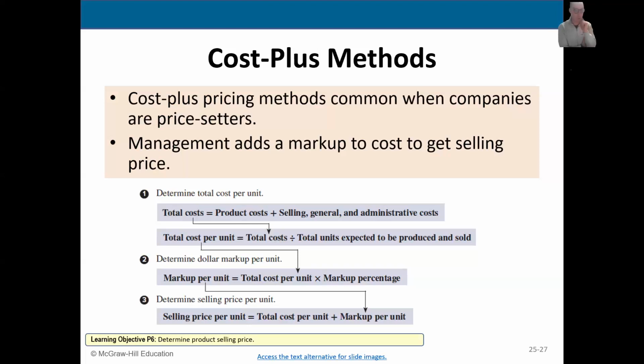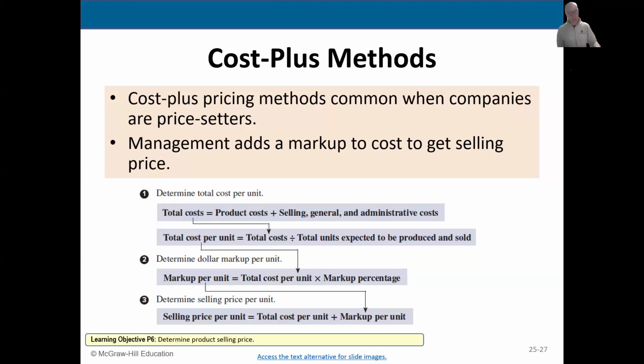Step two is to determine the markup per unit in terms of dollars. Okay. We take the total cost per unit that we got from step one, multiply that by the markup percentage that we desire. Okay.